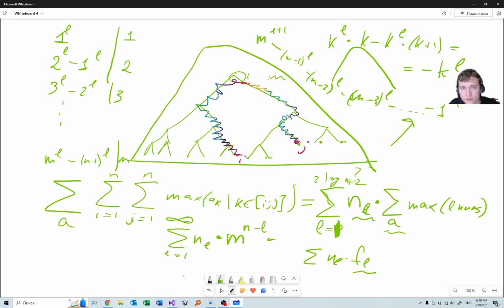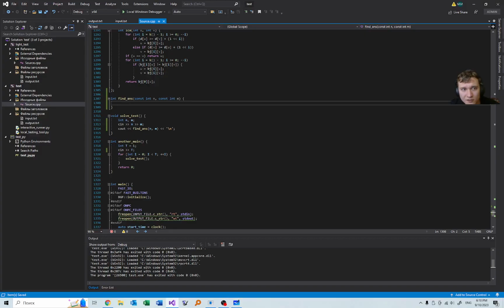So we need all these powers, like the M plus 1 powers. So we make a vector F of size M plus 1, filled with ones.